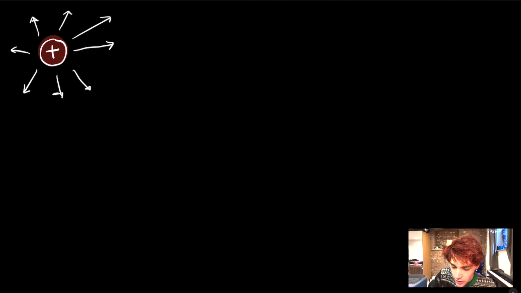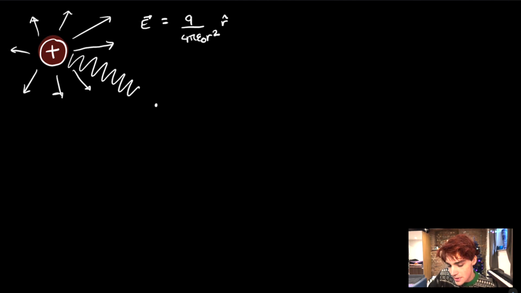So what I've been doing so far, this formula for the electric field, that being Q divided by 4 pi epsilon 0 r squared in the r hat direction, we've actually assumed is in a complete and total vacuum thus far. So we've been assuming that if you measure the electric field at this point here, all the space between the charge and the point where we're measuring is just a complete and total vacuum.